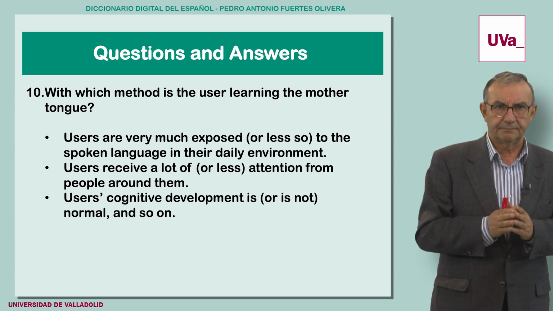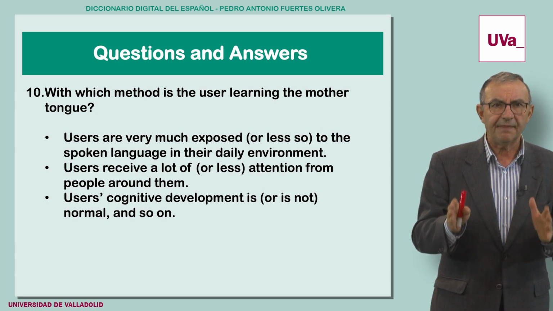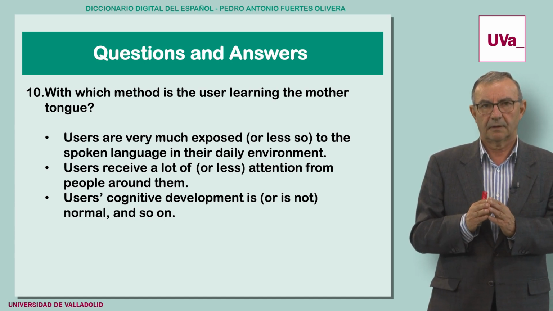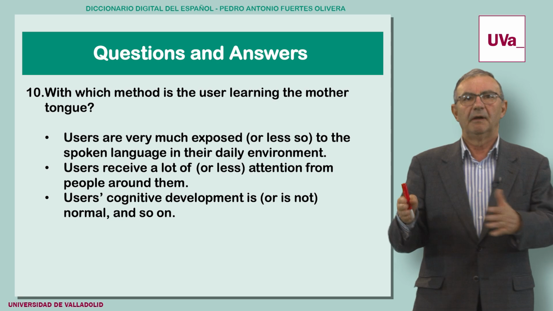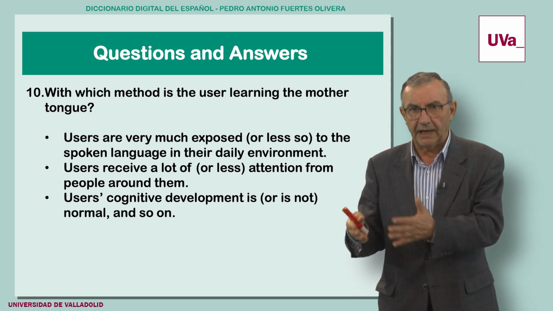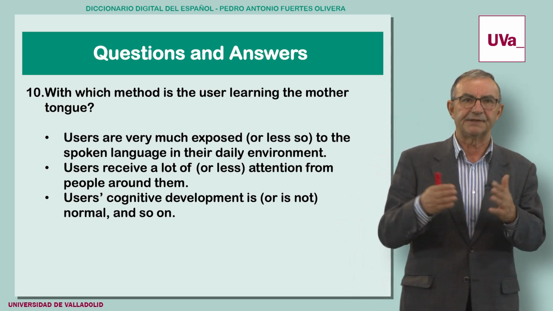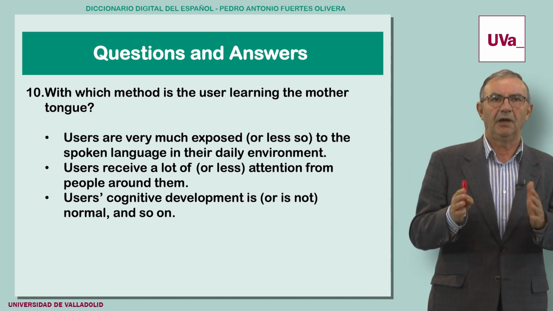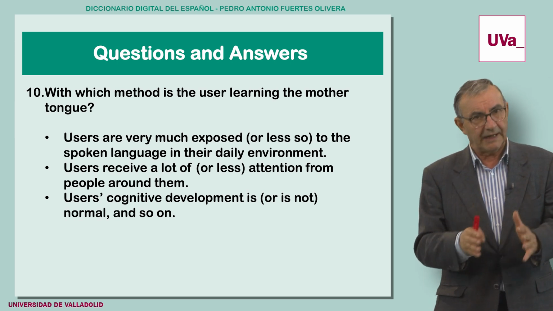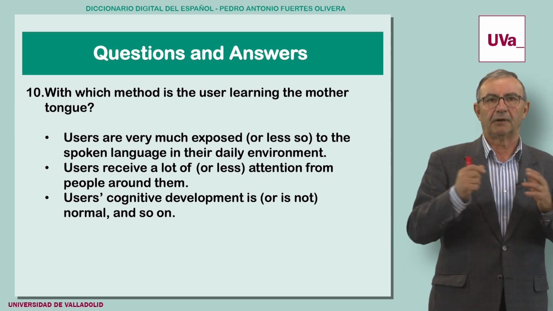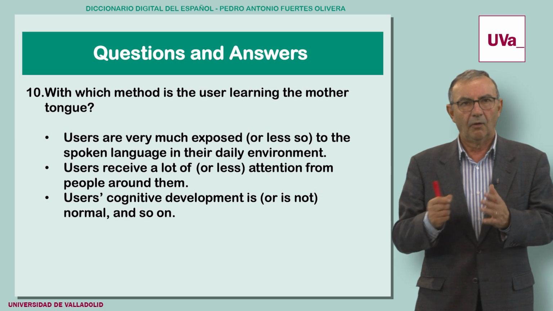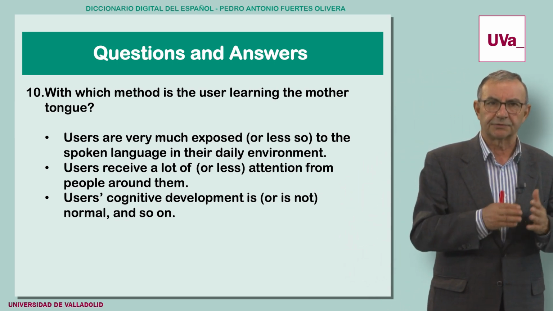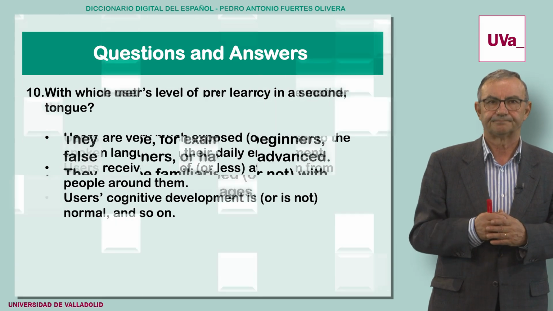Question number 10. With which method is the user learning the mother tongue? For example, users can be very much exposed or less to the spoken language in their daily environment. Or users receive a lot of attention or less attention from people around them. Or users' cognitive development is or is not normal, and so on.